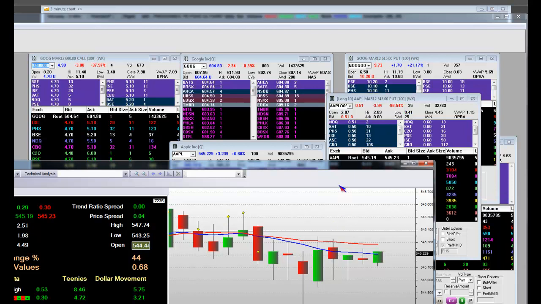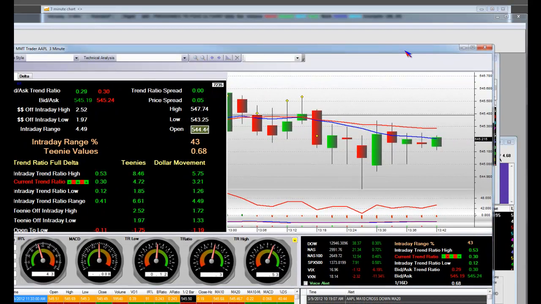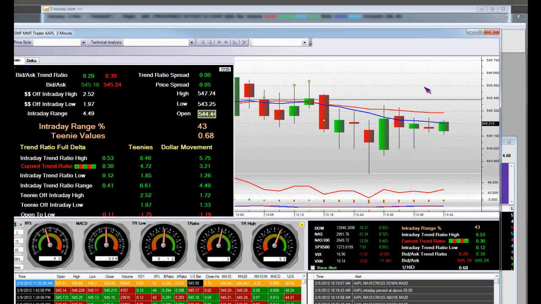As you consolidate live intraday with no buyers or sellers, it's just a script, and you're at 0.30 ratio, that's got to fall down toward below 20 and go lower. 0.53 equal to 5.75 bull top, and currently trading at 3.21 at 4.71 teeny elevation.